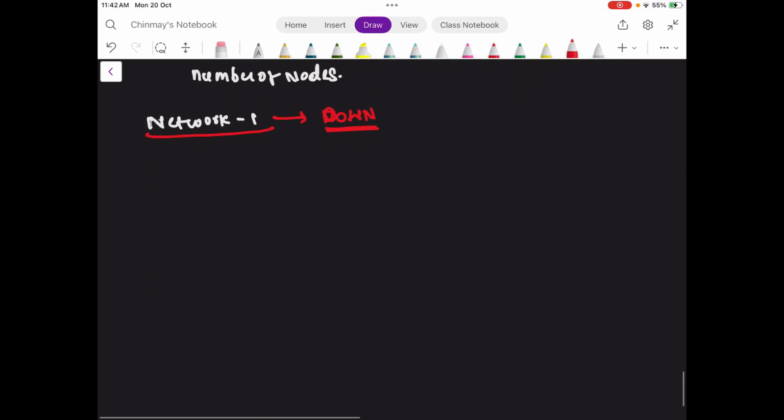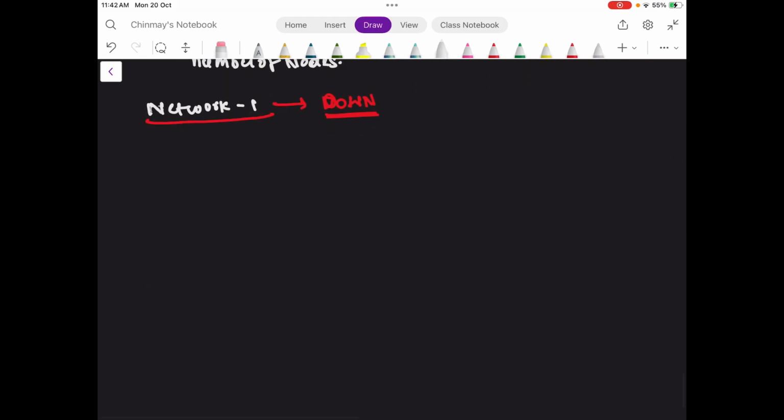Let's see what happens. Requests will go to network 2. How many servers are in network 2? Only one server.